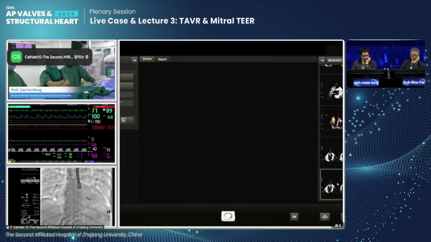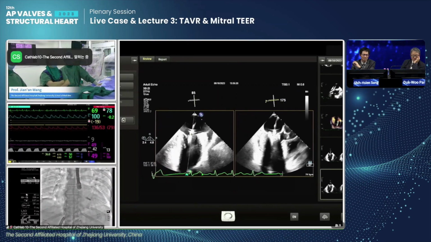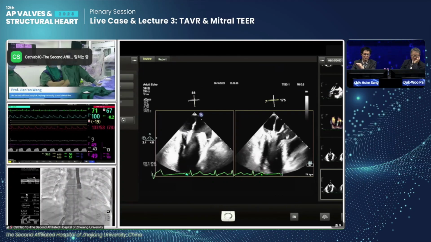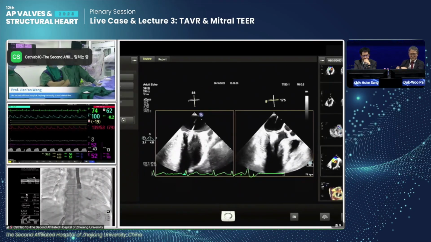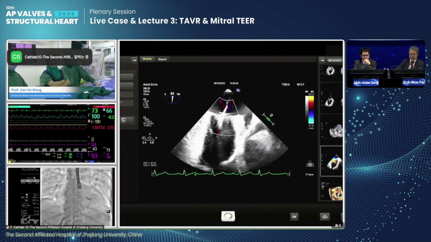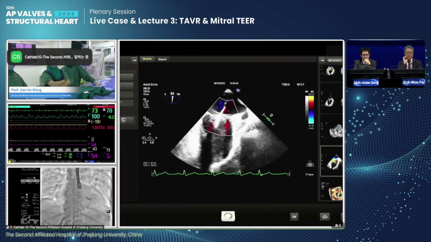And then we close gradually. And then we can see there's almost no regurgitation.